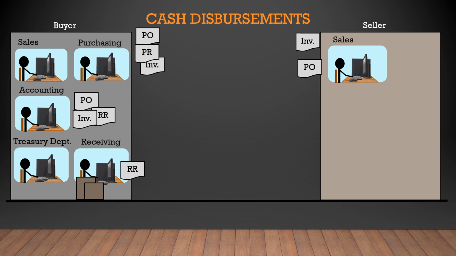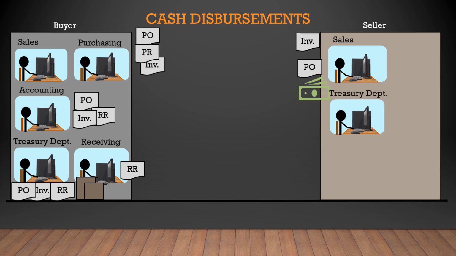Back to making the payment. Accounting will send copies of the purchase order, invoice, and receiving report to the Treasury Department. And the Treasury Department will authorize and initiate the payments to the vendor, most likely via an EFT. The vendor will almost certainly receive the payment through its own Treasury Department.